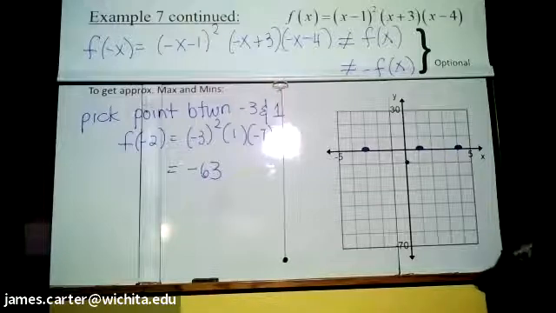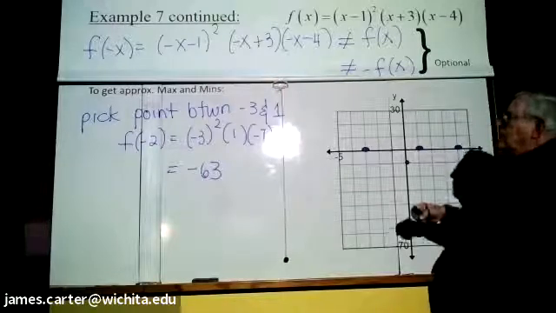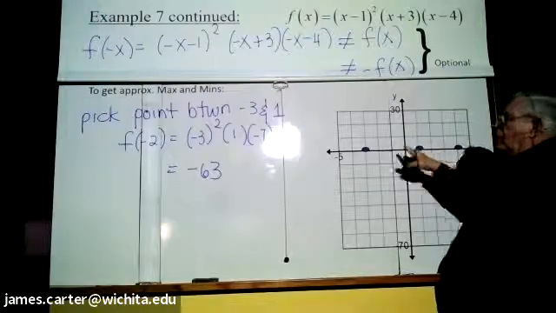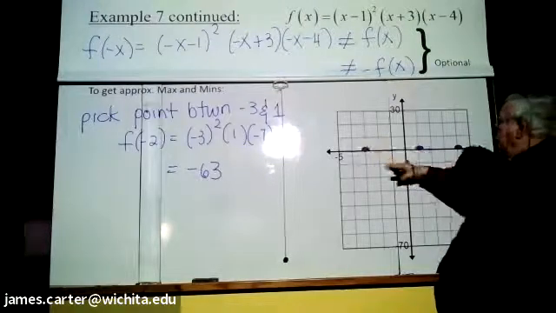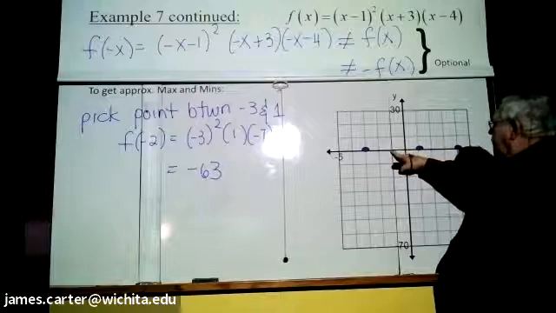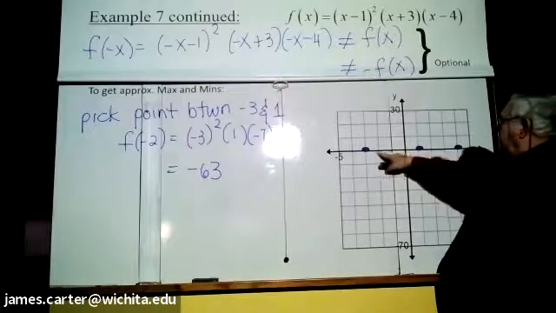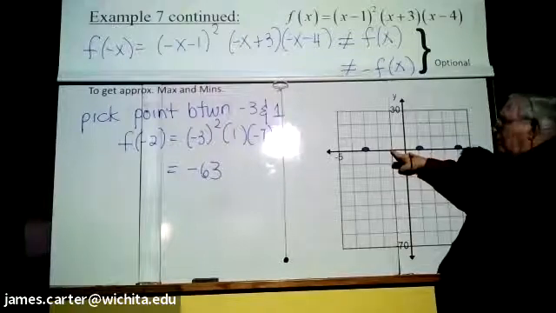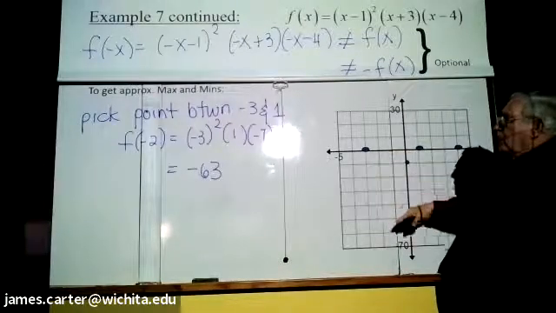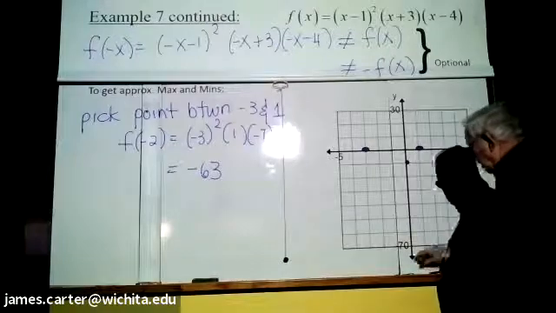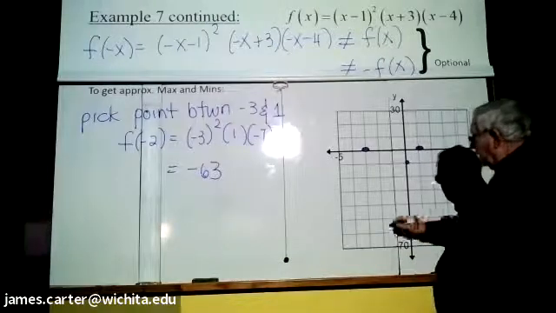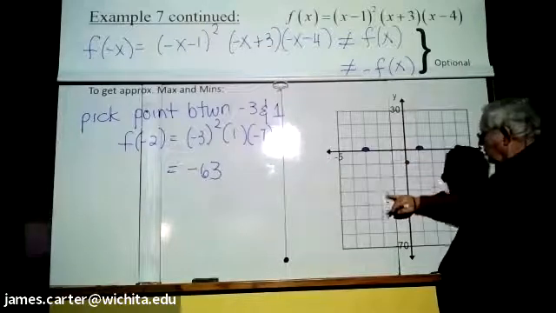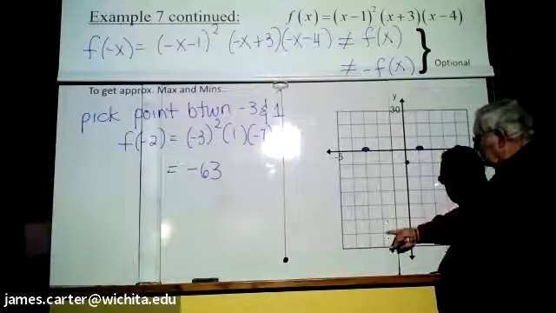So since we've got the point -3 and +1, we're going to pick a point between those, ideally about halfway. They chose -2. I probably would have tried -1. But anyway, they did that, and they got down here at -63. Let's see, 10, 20, 30, 40, 50, 63.